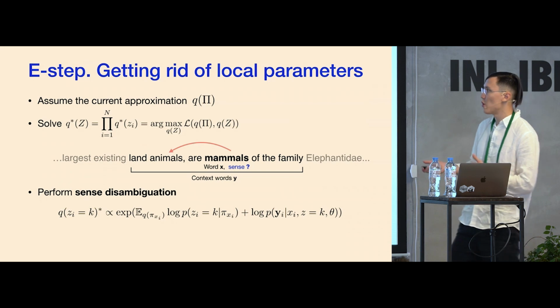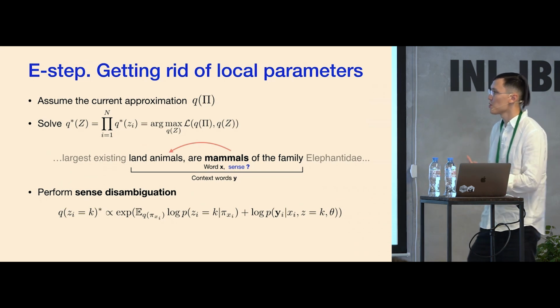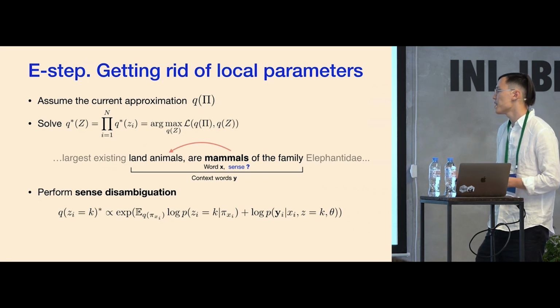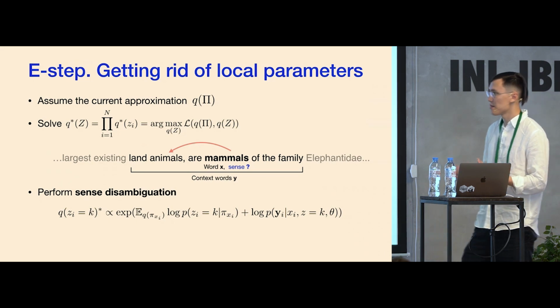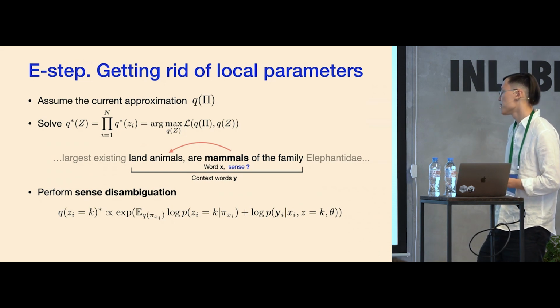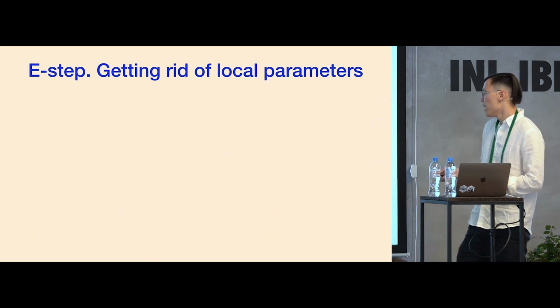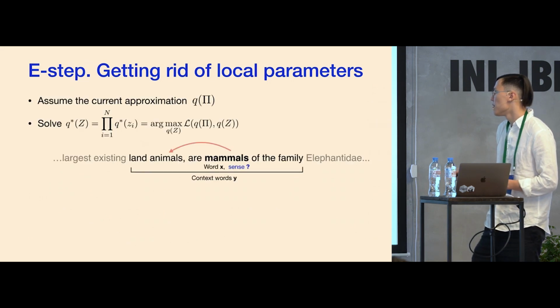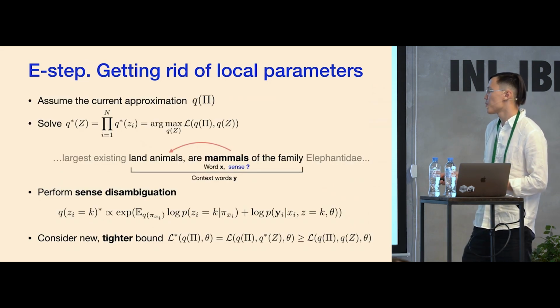One can derive the standard formula for variational update, and you will get that this distribution is a categorical, a discrete distribution, and the probability for each meaning has basically this form. So what do we have here?